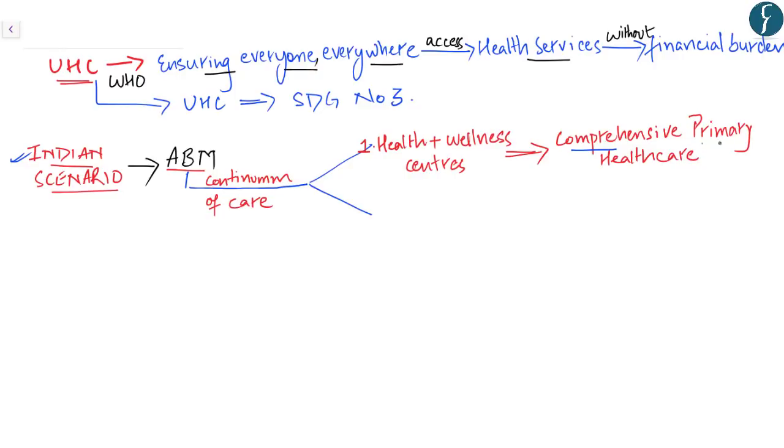This comprehensive primary health care covers both maternal and child health services as well as non-communicable diseases, including free essential drugs and diagnostic services. The second component of the scheme is the Pradhan Mantri Jan Arogya Yojana, also called the PMJAY. Now, it is this PMJAY which provides health protection cover to almost 10 crore poor and vulnerable families.